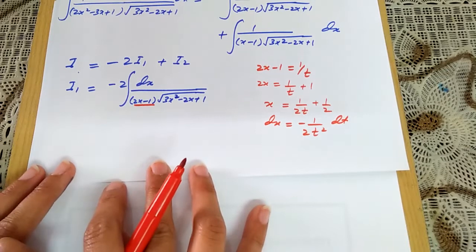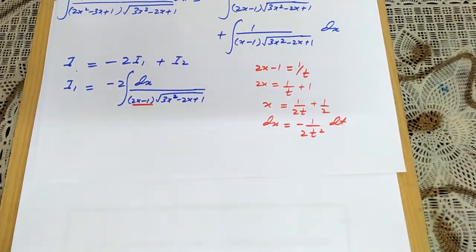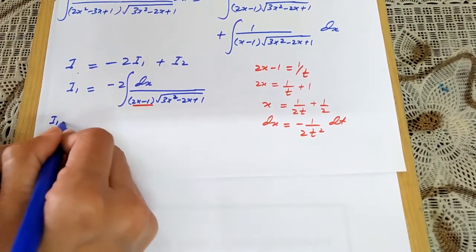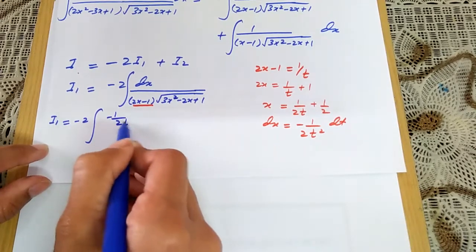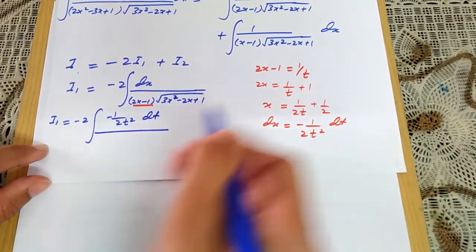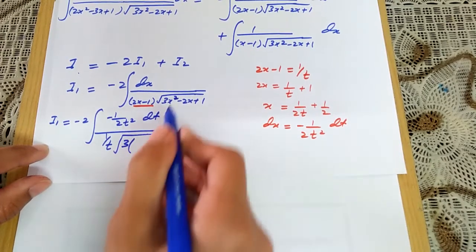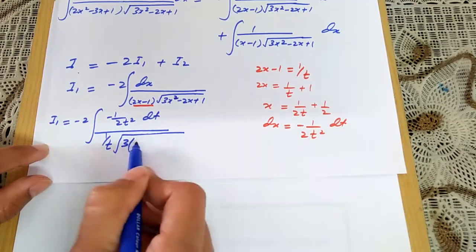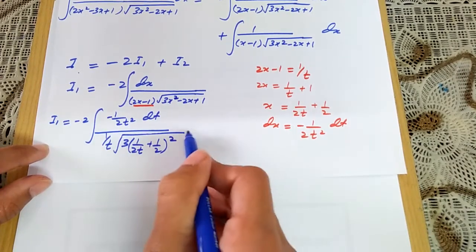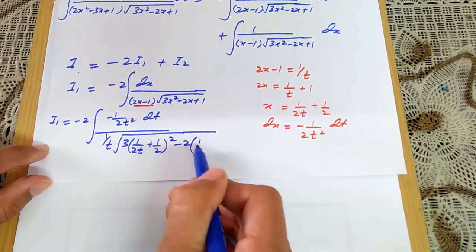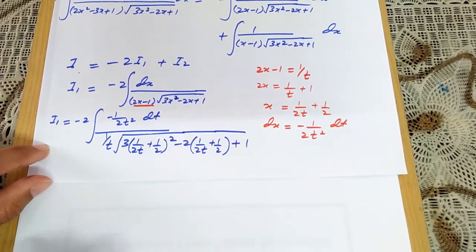Now use these substitutions. We get I1 equals −2, with dx as −1 over 2t² dt, divided by 2x − 1 which is 1 over t, under root 3 into x², where x is (1 over 2t plus 1 over 2) whole squared, then minus 2 into x, that is 1 over 2t plus 1 over 2, and the ending plus 1.